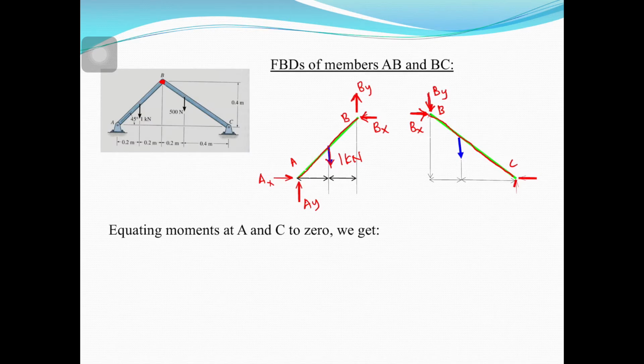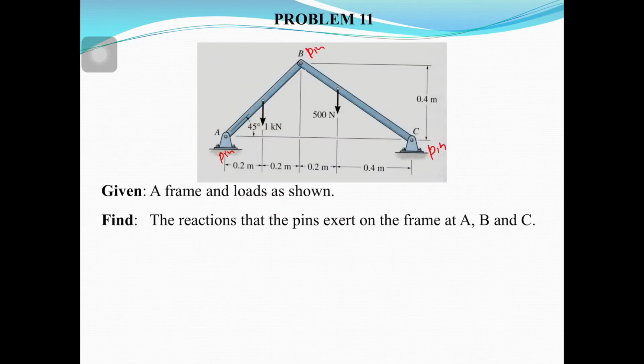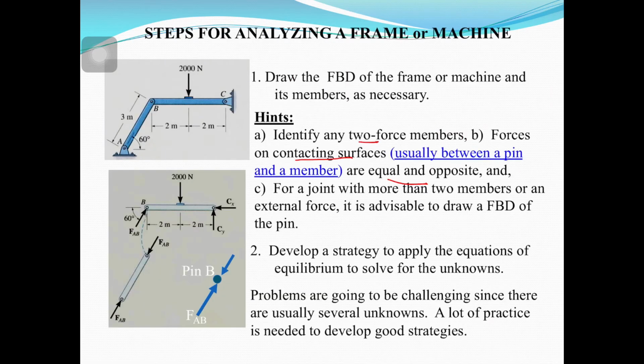If this one goes up, this one must go down; to the left, to the right. This is the same as before: forces on a contacting surface, usually a pin and member, are equal and opposite.